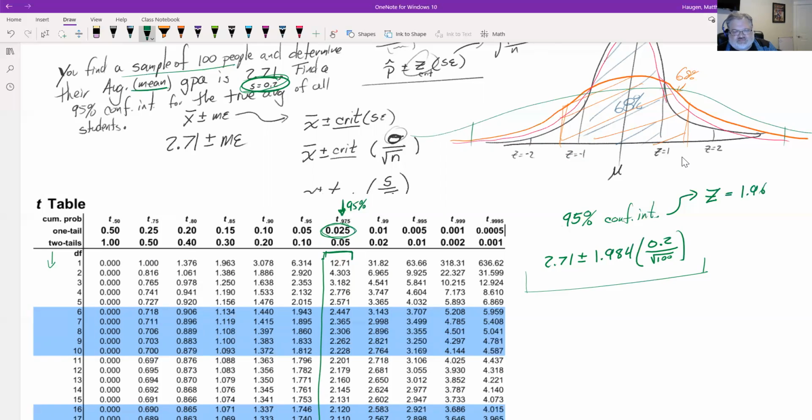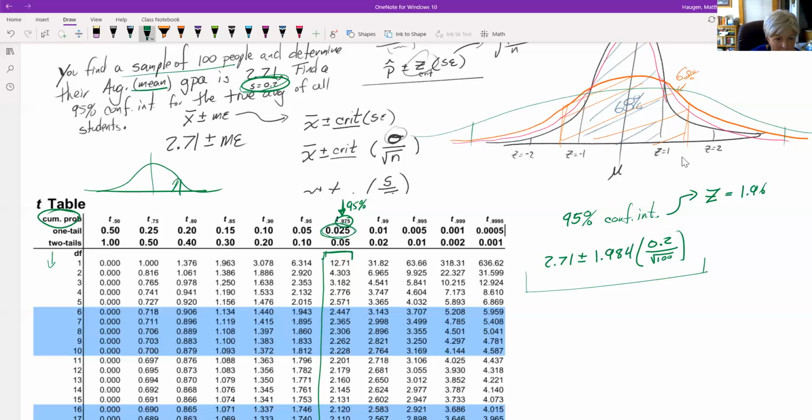This probably is an irrelevant question, but how come the T distribution is the area to the right of the tail? It depends on how you express it. The cumulative probability in our book's table, T is 0.975.